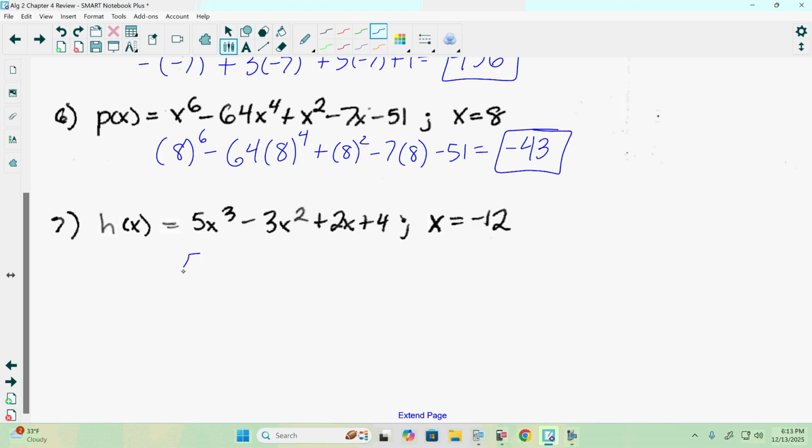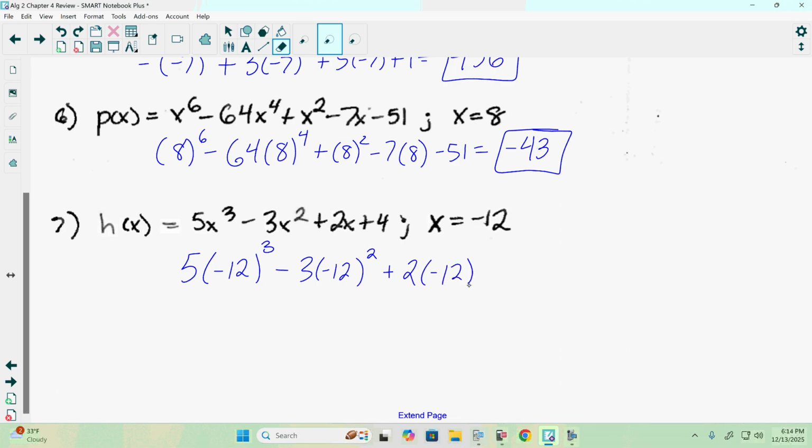And lastly, for number 7, 5 times negative 12 cubed minus 3 times negative 12 squared plus 2, make sure we write the 2, times negative 12 plus 4.